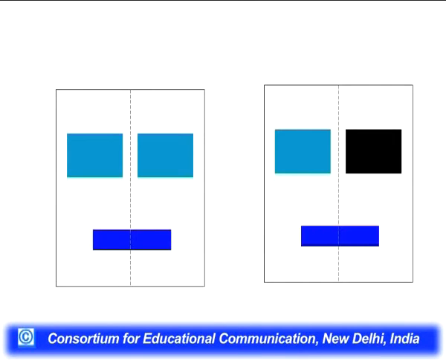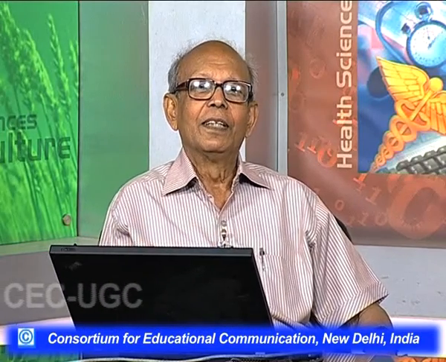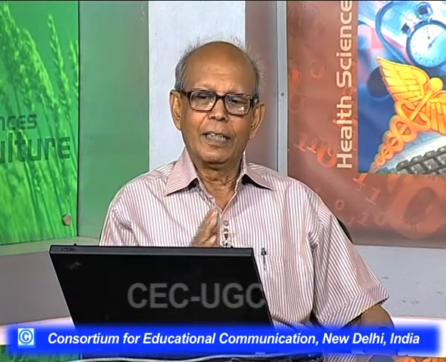If you take a page, this is a page of a design. Now you have three elements in the design. The two rectangles we have placed on the optical center on both sides, and the third one we have divided into two parts and placed on the center. So they are counterbalancing. So this is called symmetry. Both sides are equal in terms of weight.